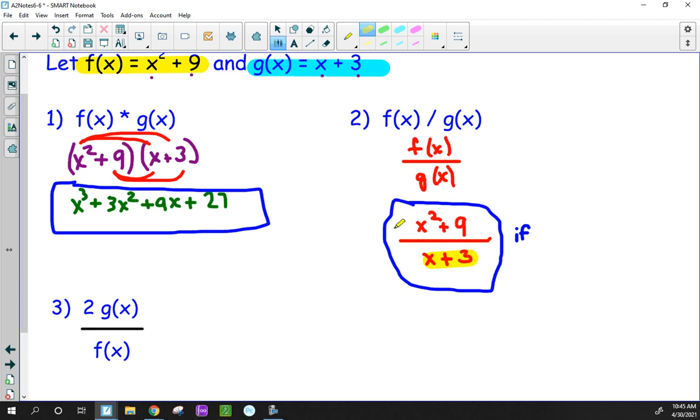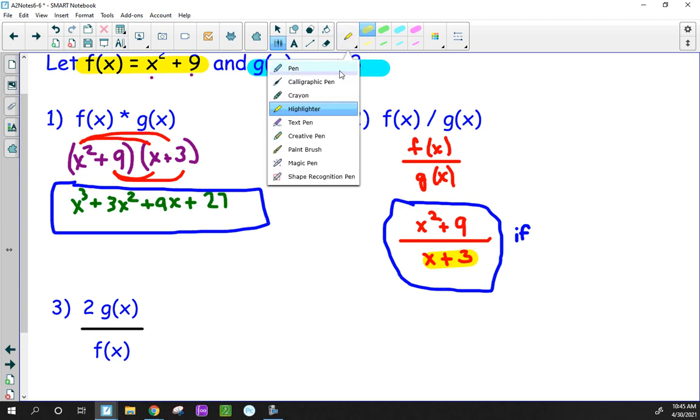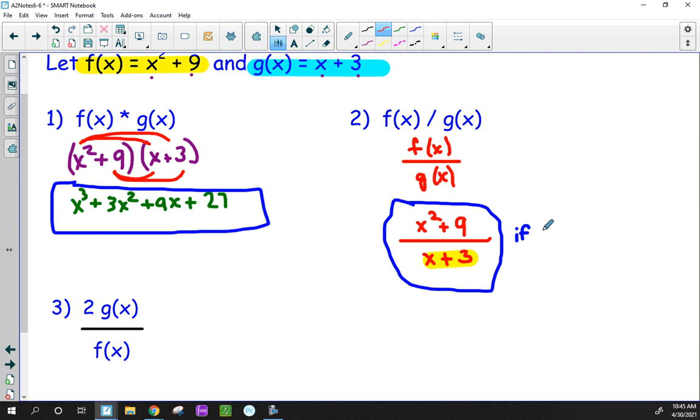So this entire thing I've circled can only be the answer if and only if x does not equal blank. There is one number that will cause this to be 0. Something plus 3 is 0, and that would be negative 3. So basically what this says is, this is the answer as long as x is not negative 3. If it's not negative 3, we are in good shape.